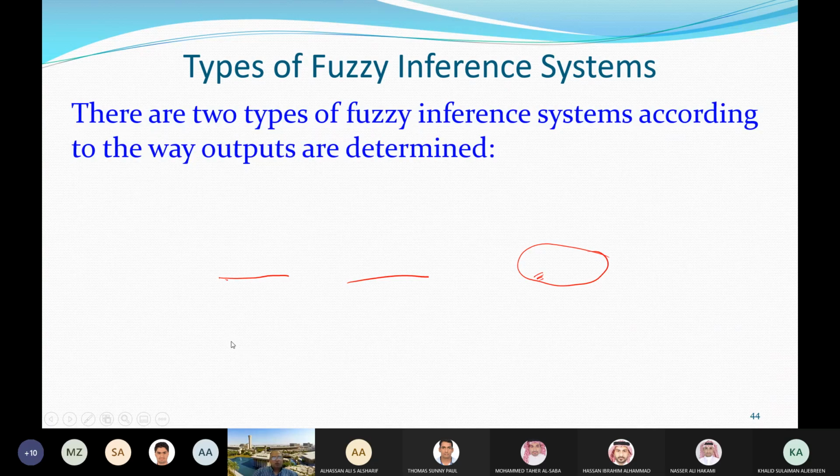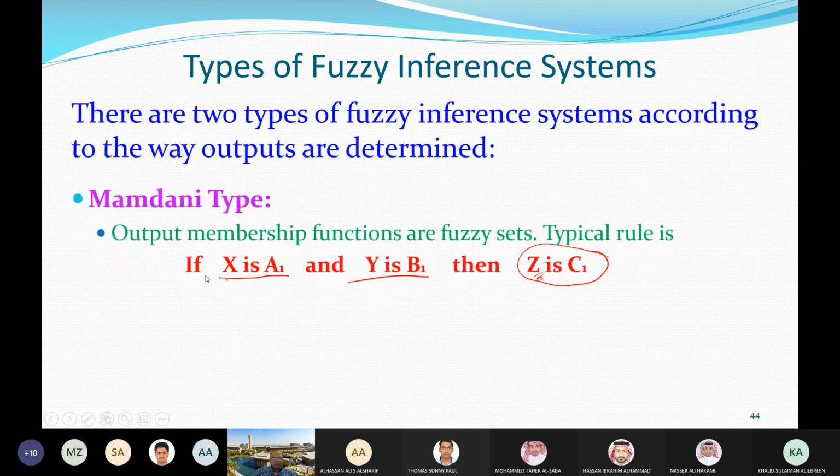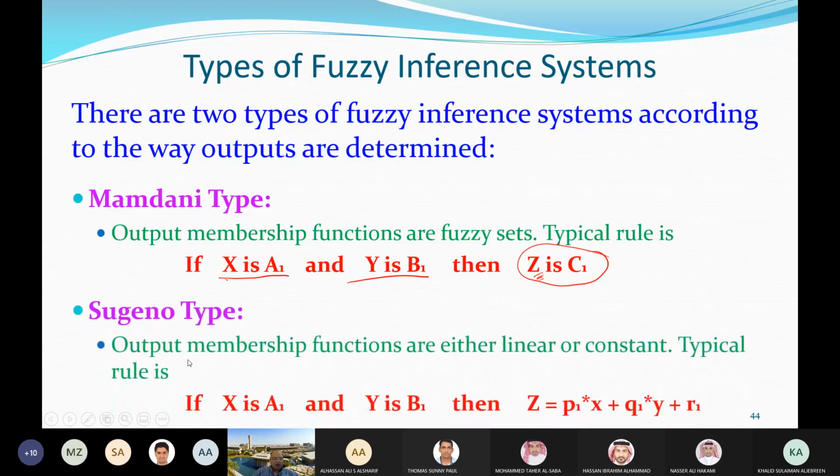But what we discussed so far is Mamdani type. In this Mamdani type, you have inputs are fuzzy variables, and also the output is a fuzzy variable. So you have some linguistic values. Sugeno type is the output membership functions are either linear or constant. Typical rules, if X is A1, similar to this, and Y is B1, similar here, and the difference is here. So the output is not like this.